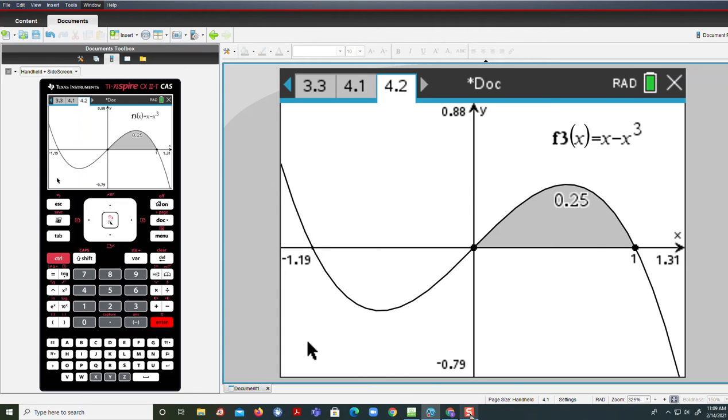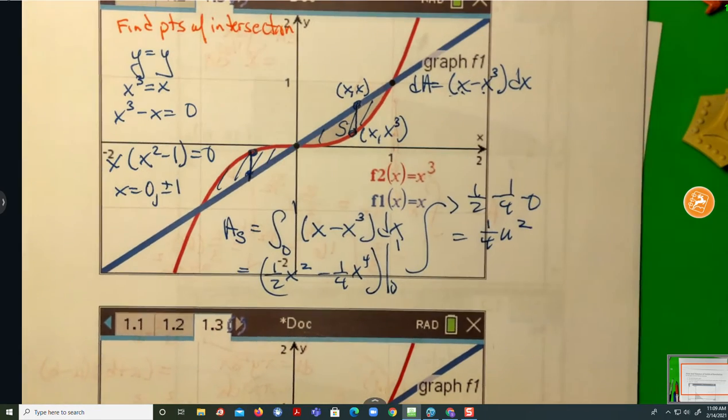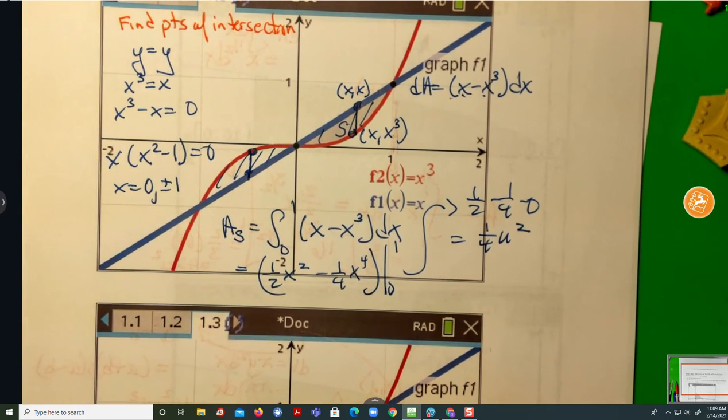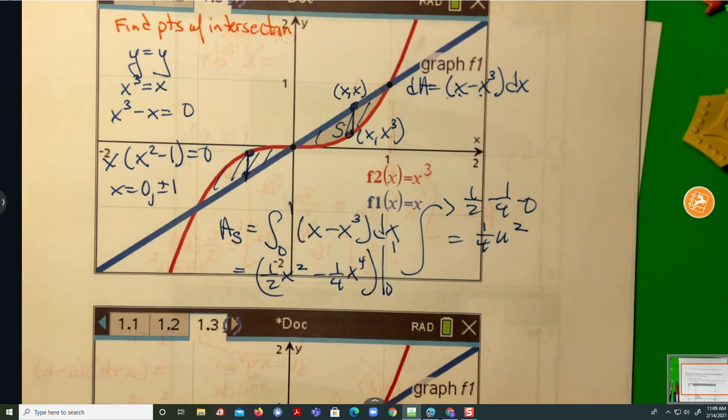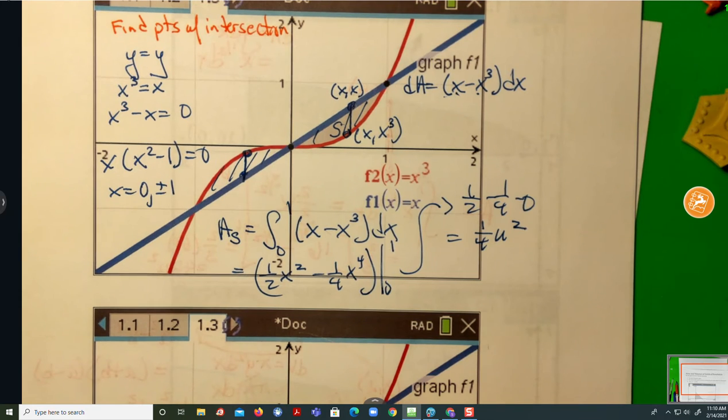Now let's go back to the next task at hand, which is revolving this. Okay, this is a little sketch. Mr. Isaac, but this, hold on one second. But this isn't a disk. I know, I think of this as the disk method.